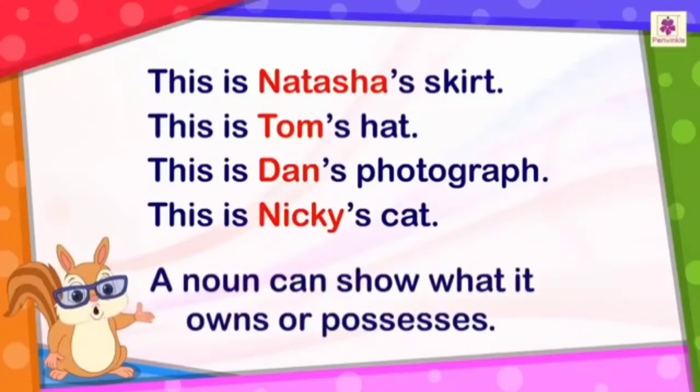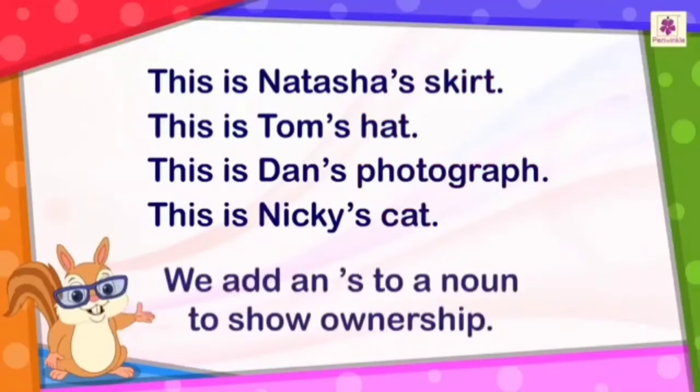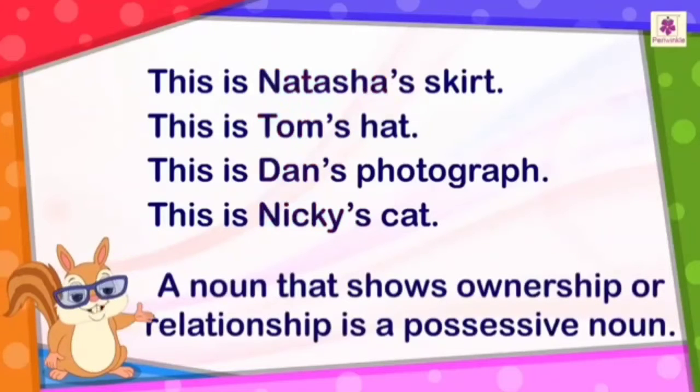A noun can show what it owns or possesses. We add an apostrophe S to a noun to show ownership. A noun that shows ownership or relationship is a possessive noun.